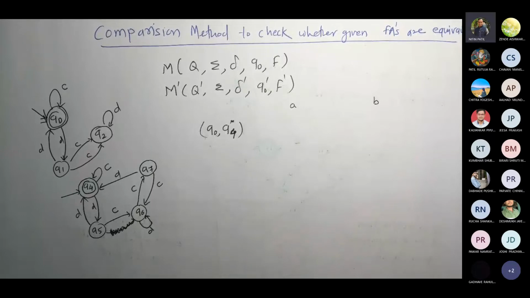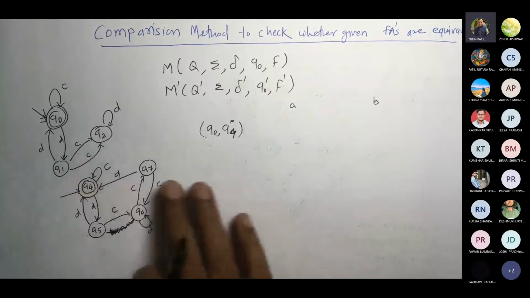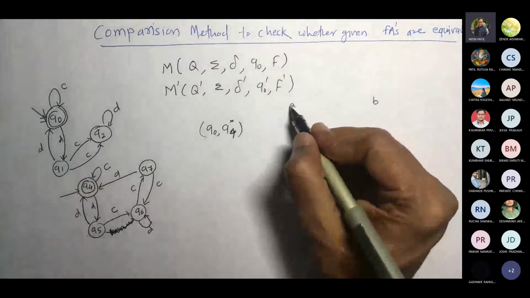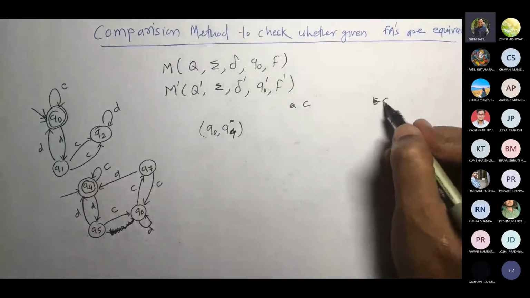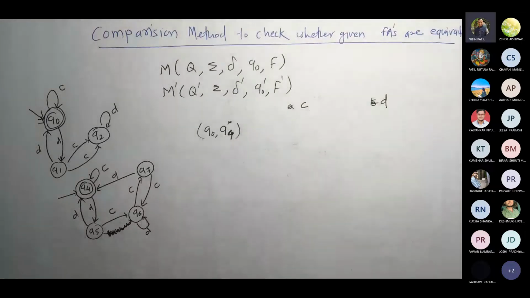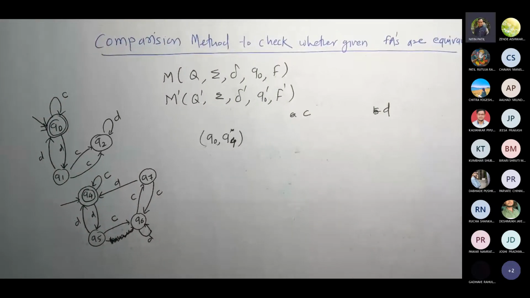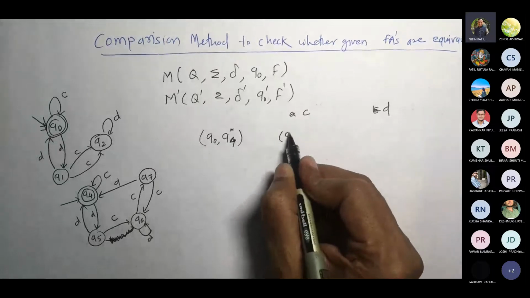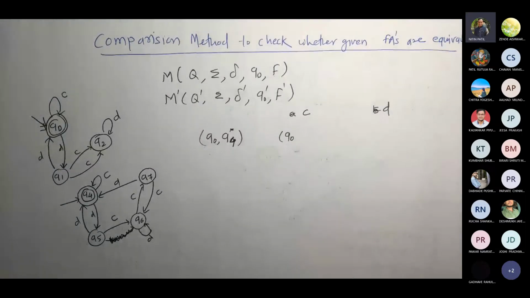What I said, can somebody repeat? Okay, so first of all, let me do this first. So I have inputs as C and D. Let us start. What is Q0C? So first entry from the first automata, and second entry in this pair would be from the second automata, Q4C.